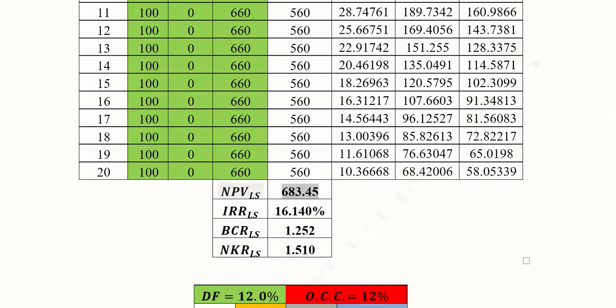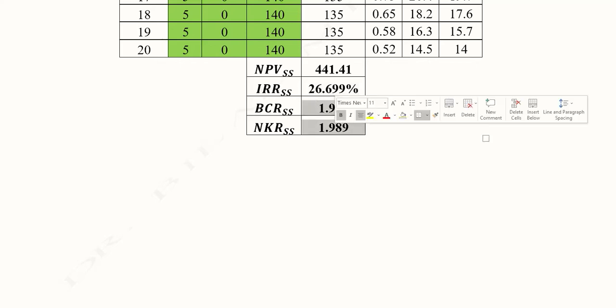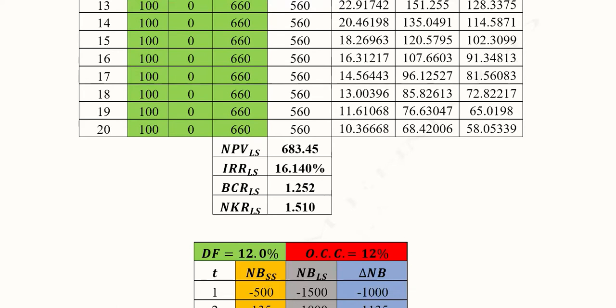This is 683. So this NPV criterion guides that we should undertake the large scale alternative, whereas the IRR is smaller. It was 26 approximately, and this is 16. So there is an evident difference, and we can say that the small scale alternative is desirable as per the IRR criterion. And these are the ratios of BCR and NKR, 1.9 approximately, and here these are smaller.